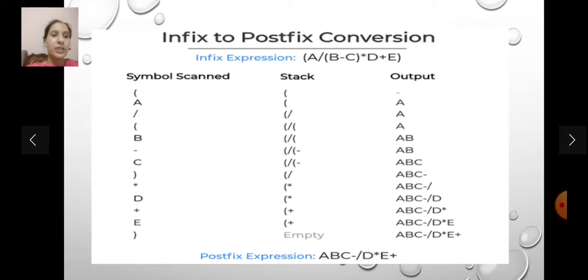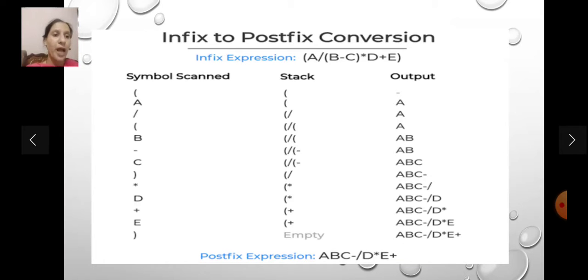Then the output is abc minus divide. Then we enter d. Again in the stack we have the bracket and multiplication sign, and in output we have abc minus divide, then d.